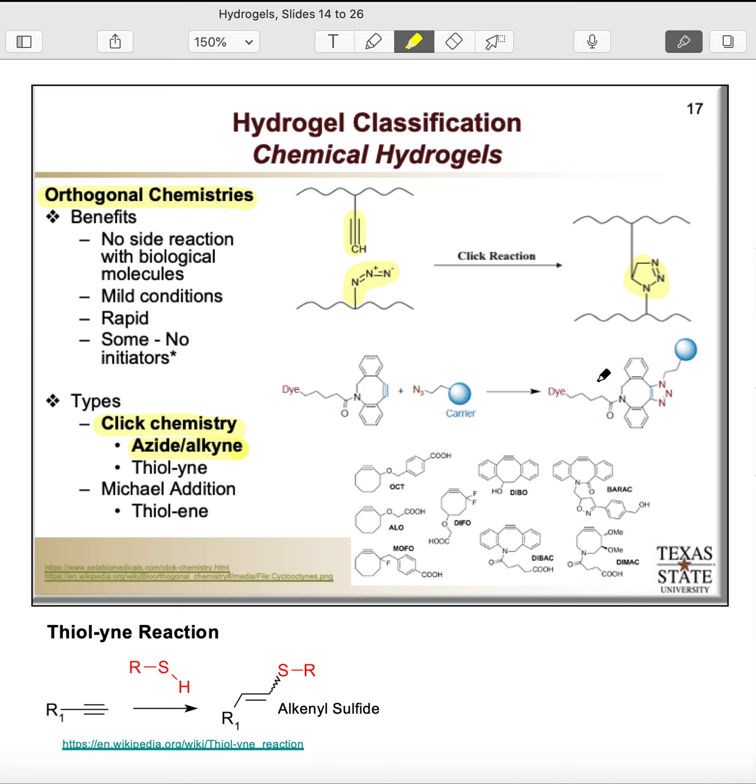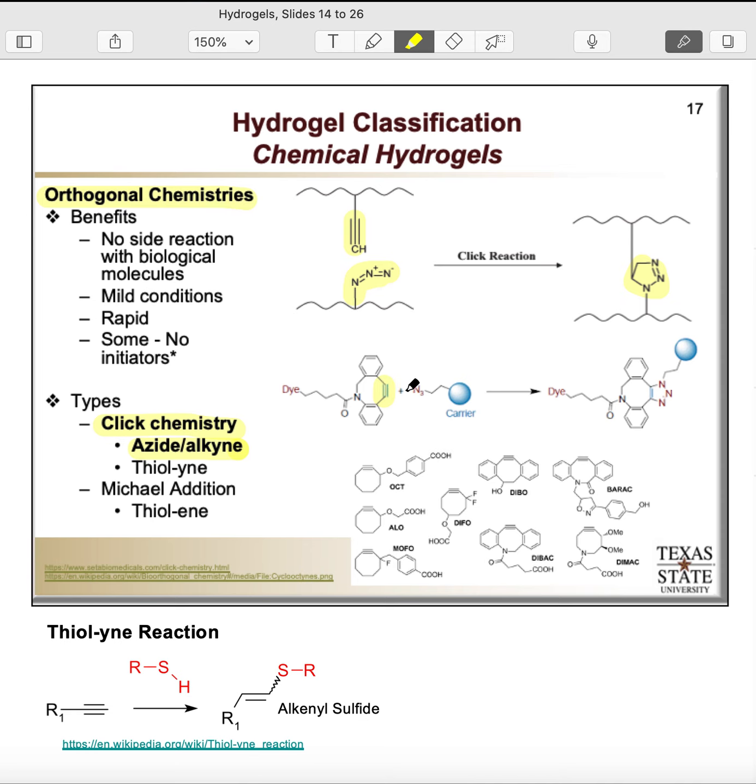Here on the second row, what I have is actually a similar type of azide-alkyne reaction, but where now the alkyne is part of this cyclic molecule. And notice that we're using a cyclooctyne. This kind of reaction is strain promoted, and because of that, it doesn't require the use of a copper catalyst.